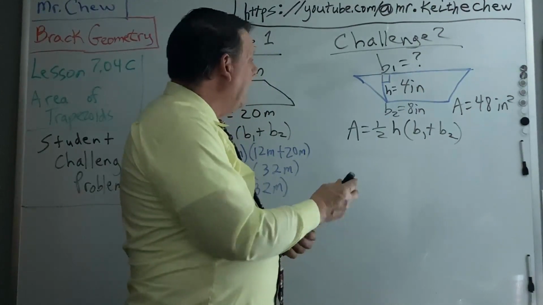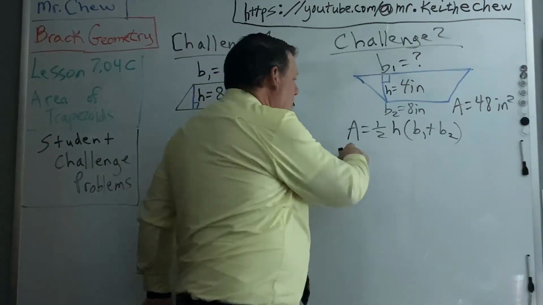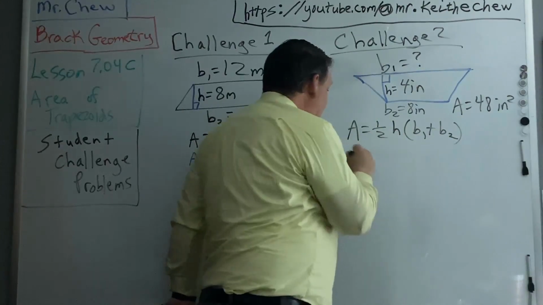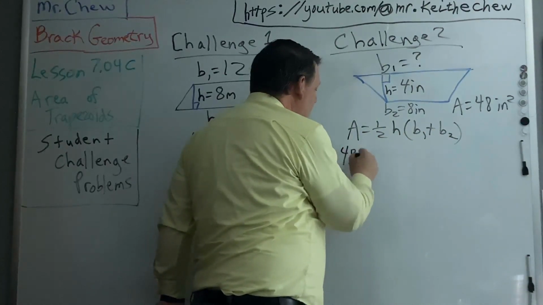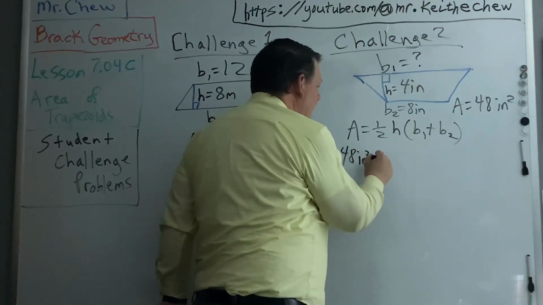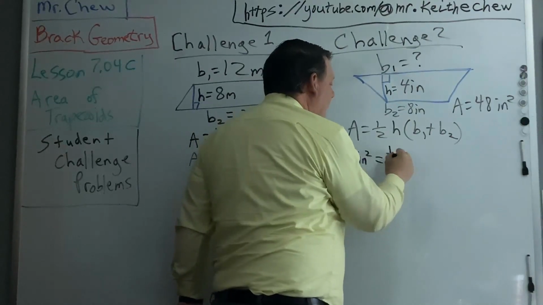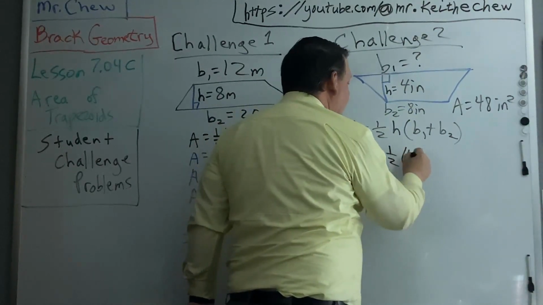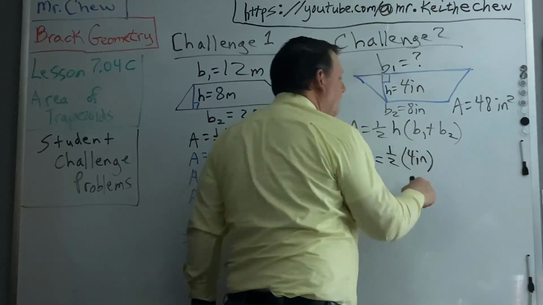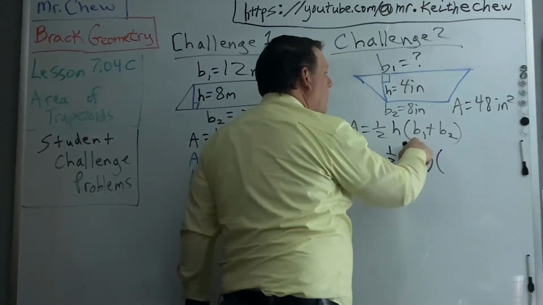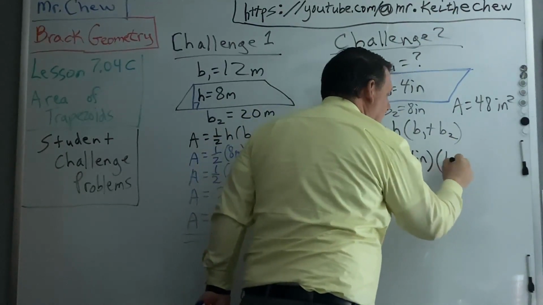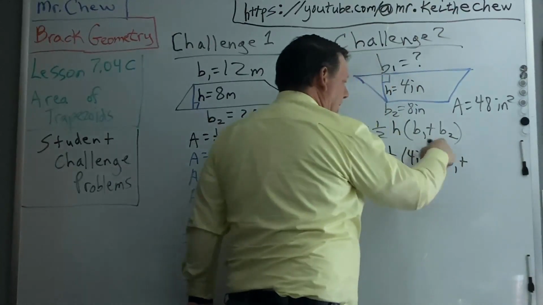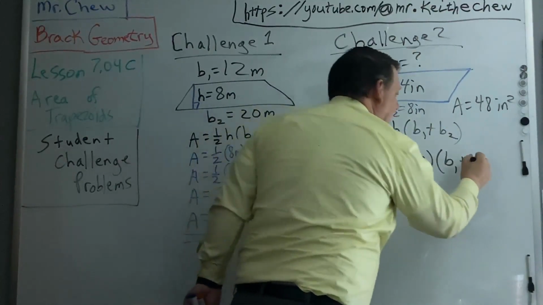So let's substitute. Where the A is, I'm going to put 48 inches squared, equals 1/2 times the height, which is 4 inches, times B1, which I don't know, so I just write B1, plus B2, which is 8 inches.